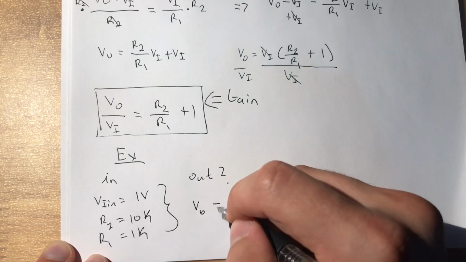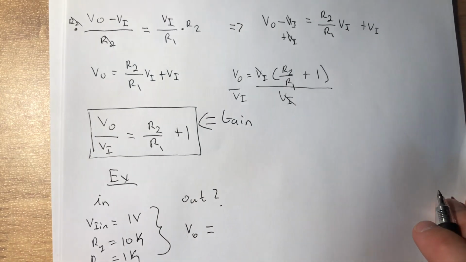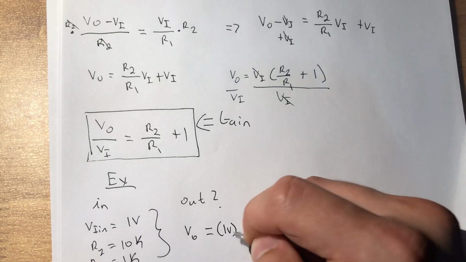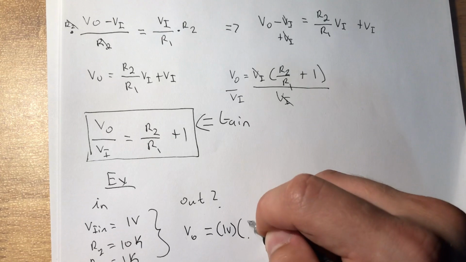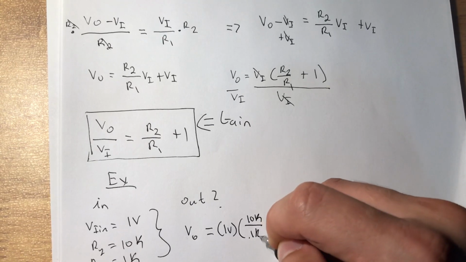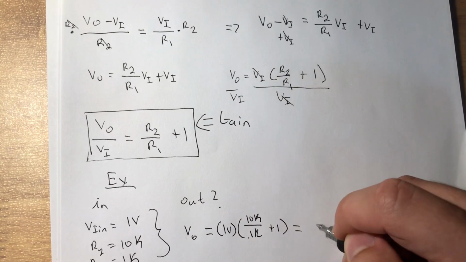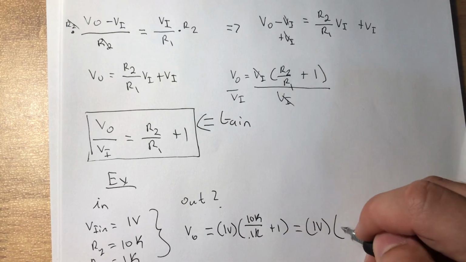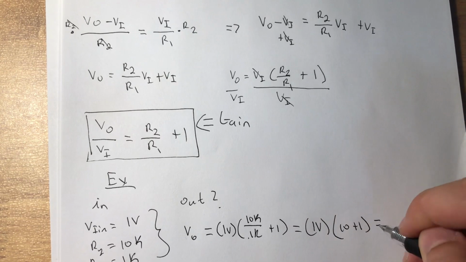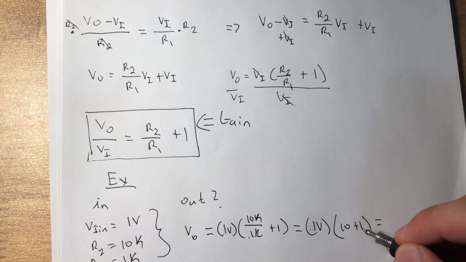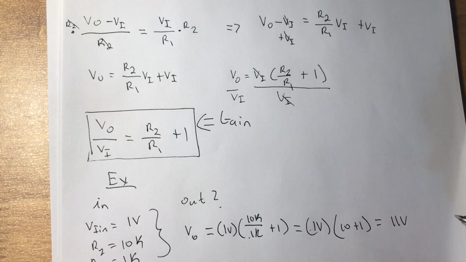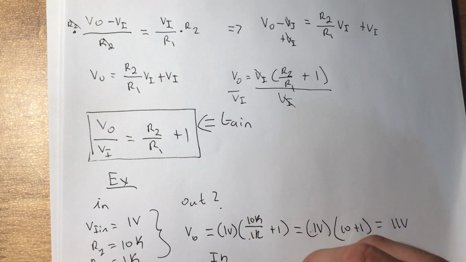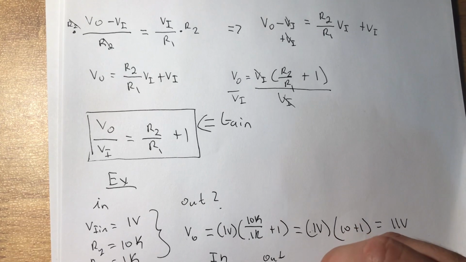Well, we know that the output given by this equation is the VI, which is 1 volt, times R2 over R1, which is 10K over 1K, plus 1. So it's going to be 1 volt times 10K over 1K is 10, plus 1. And so that's 1 volt times 11, which is going to be 11 volts. So when you input 1 volt, you get 11 volts out.